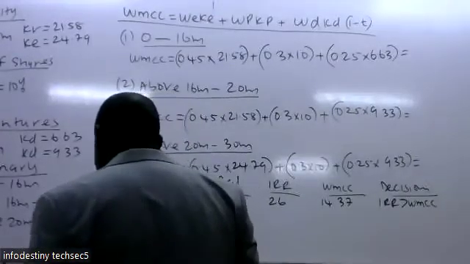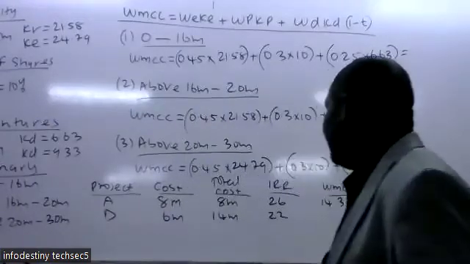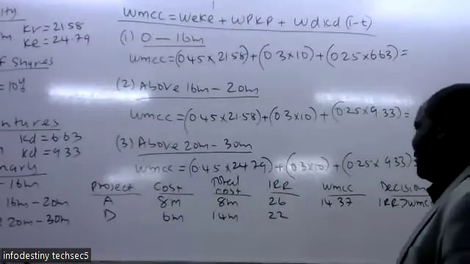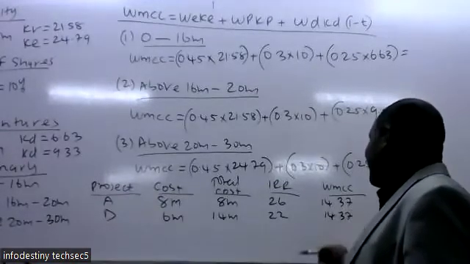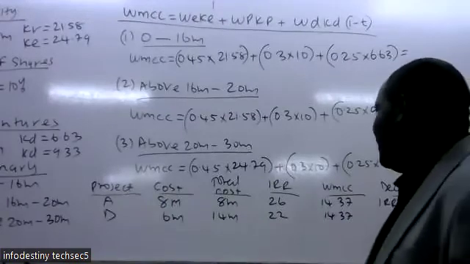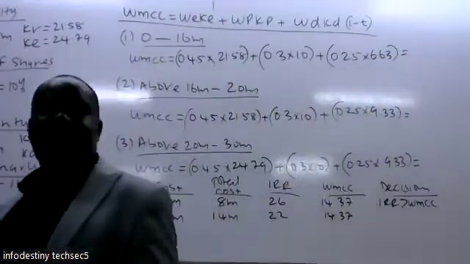So your IRR is 22. So 14 million is still from 0 to 16. So we still use 14.7. So that one you still accept because IRR is greater than WMCC.